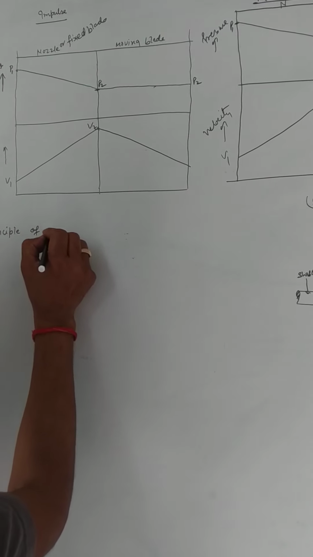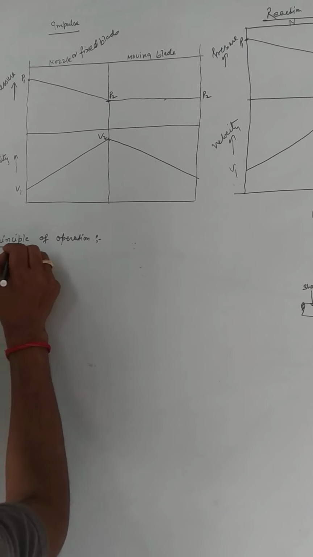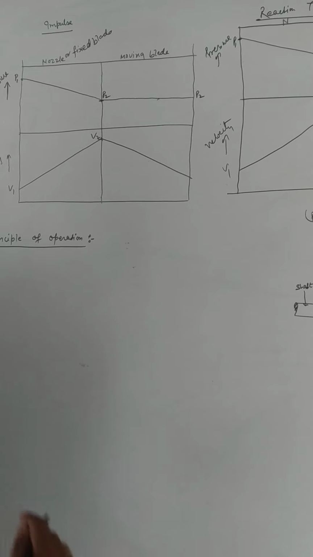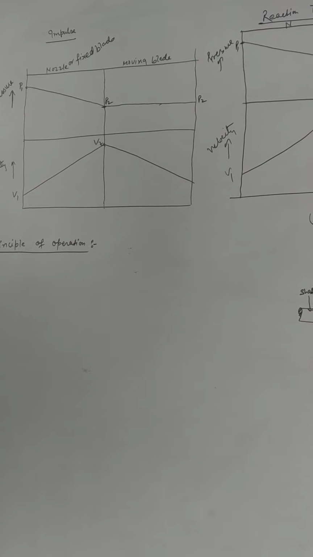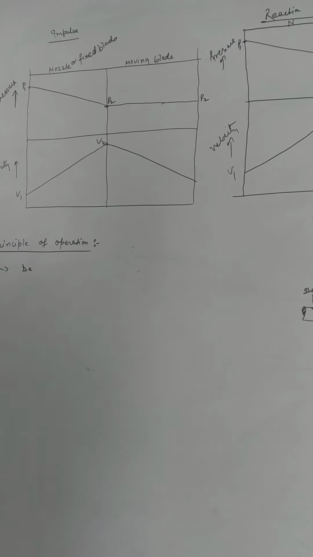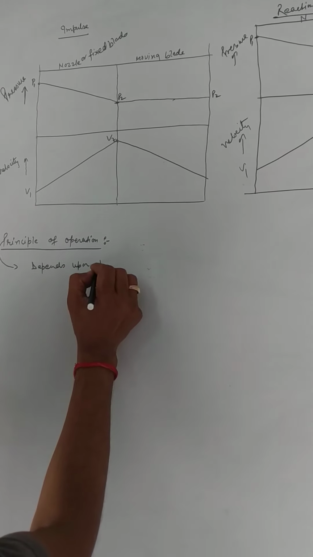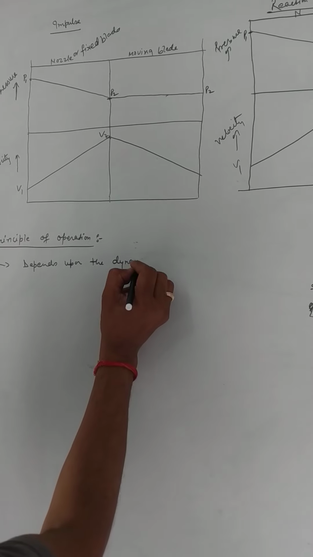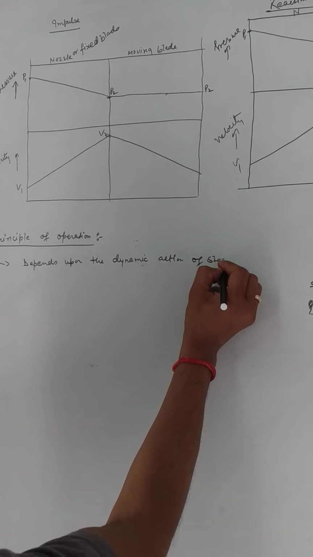Principle of operation. The principle of operation is the reason behind how steam turbines work. The basic principle is that it depends upon the dynamic action of steam.